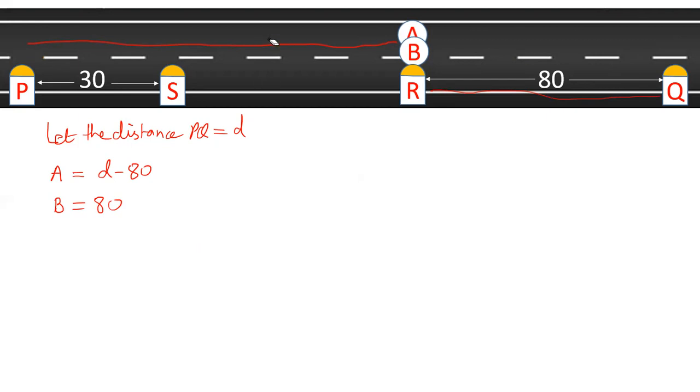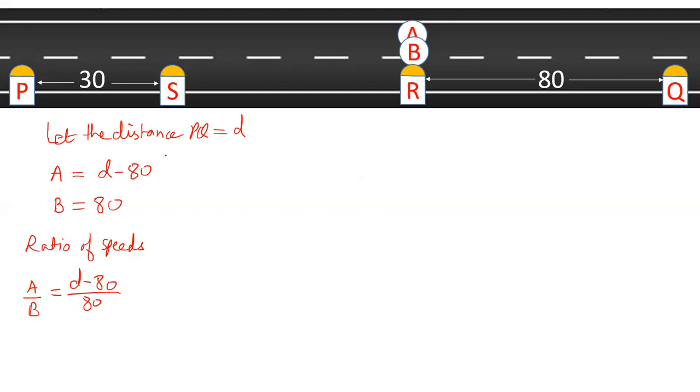And if the time taken by them is the same, the ratio of their speeds will be D minus 80 upon 80. This is the distance traveled by A and B in equal time. So this is the ratio of their speeds, the speed of A and speed of B.